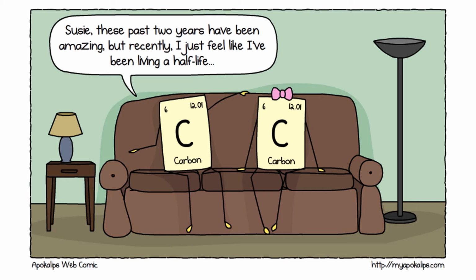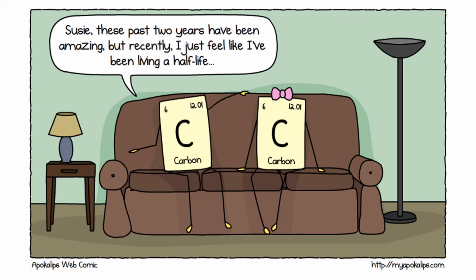Even though the parent isotope is unstable, it may exist for thousands, millions, even billions of years before spontaneously decaying. On an atom-by-atom basis, radioactive decay is a random process. You can't predict when it will happen for any given atom.